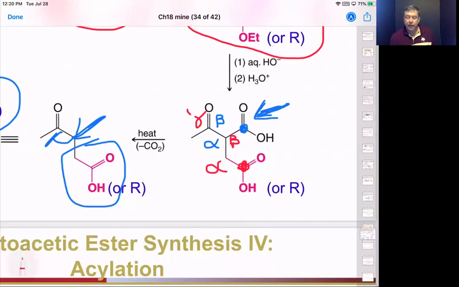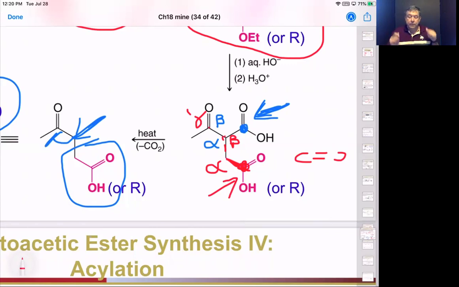Okay, see how this is the first carbon away from the carbonyl, the second carbon from the carbonyl, and the third carbon from the carbonyl? So there is no C double bond O on the beta carbon from this carboxylic acid. So it is not easy to remove by thermal decarbonylation.